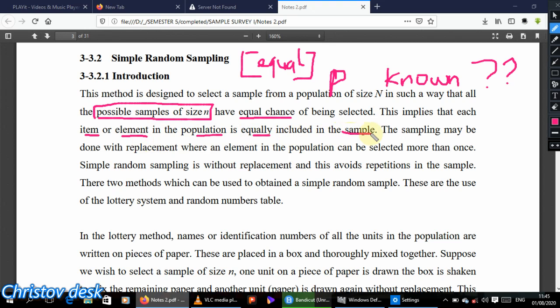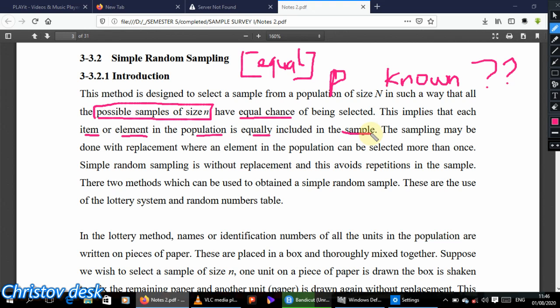So the definition says all the possible samples that can come up have equal chance of being selected, and if that is true, then every element has equal chance of being part of the sample. That's the basic definition of simple random sampling.